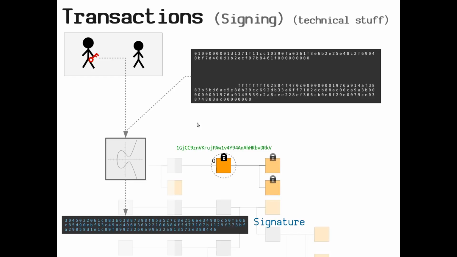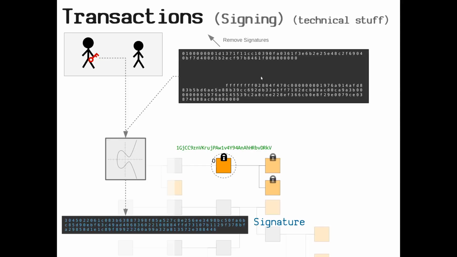There we are. I've simplified this a little bit, so this is probably the part that you want to gloss over because it's hard to keep up. But just in case you're watching this with a technical mind or actually doing it, first of all, when you want to sign a transaction, you have to kick out any existing signatures in there.